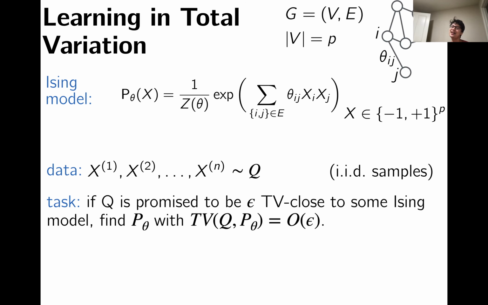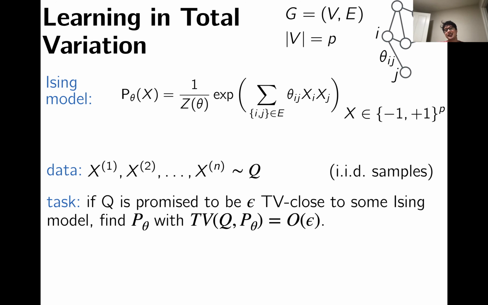If you have that guarantee, it's kind of an approximation algorithms problem. There exists some nice simple Ising model which more or less explains the data, and your task as an algorithm is, with as few samples as possible and efficiently, to find some Ising model which is indeed close to the true one.